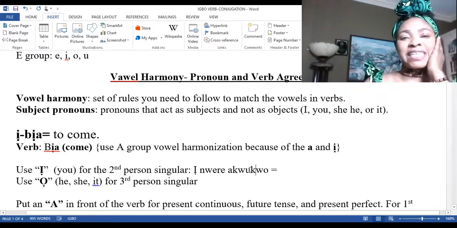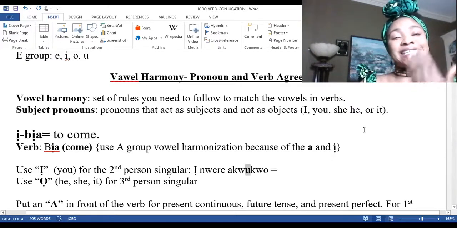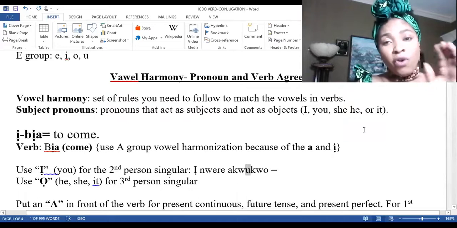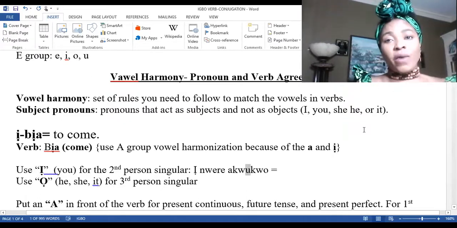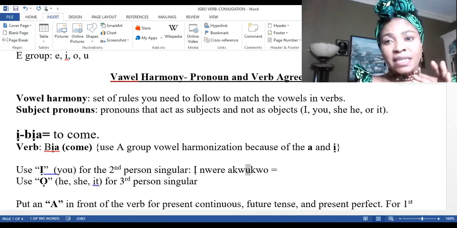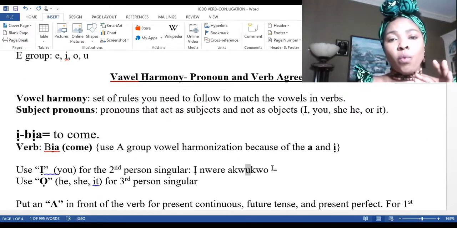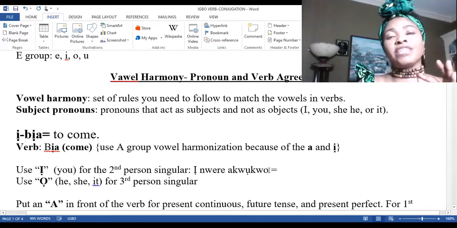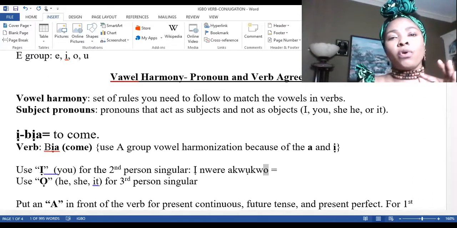When you listen to the sound, aku, it's the sound of the vowel with a dot. So we have to put punctuation underneath. Aku, ko. And we also need to punctuate the O. Okay, so we're going to punctuate the O. Aku, ko.